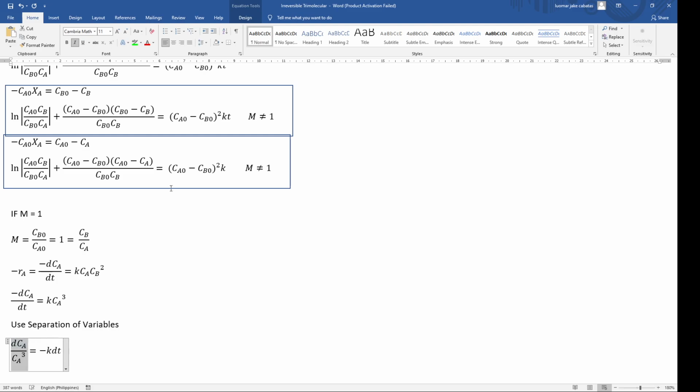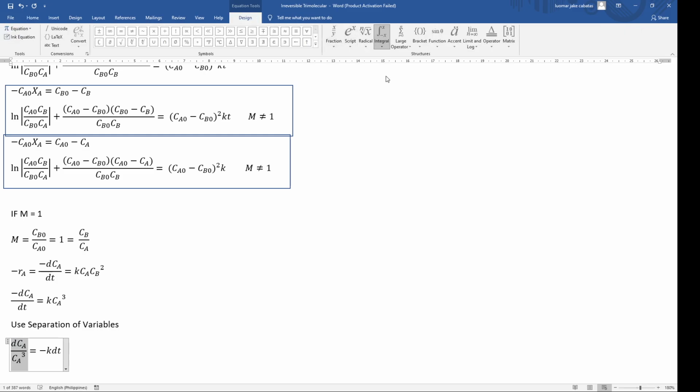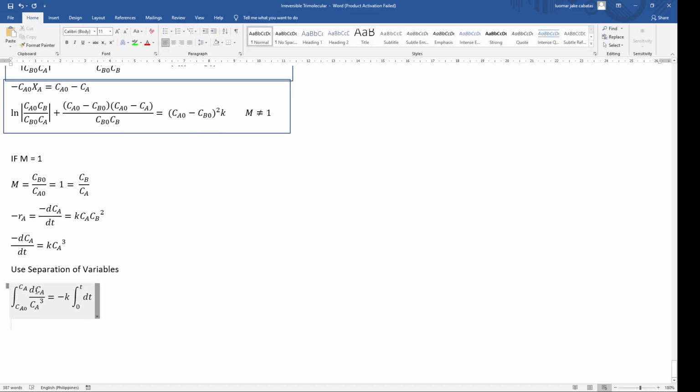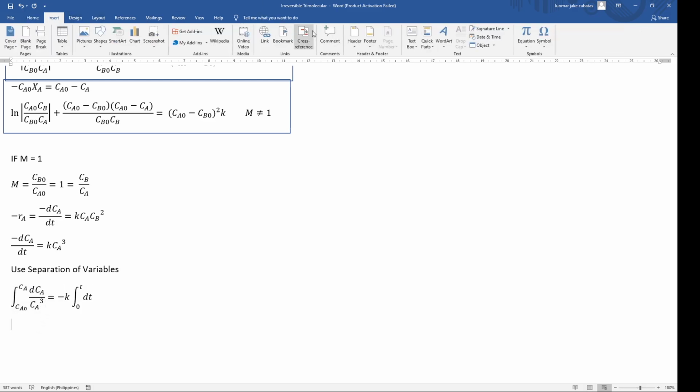And then we do integration. We start from C_AO and with C_A, and then this one we start with 0 to t. Then this one we will be using power formula.